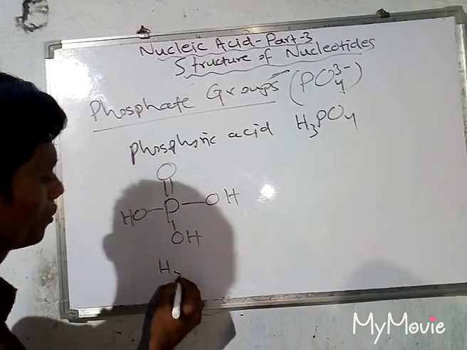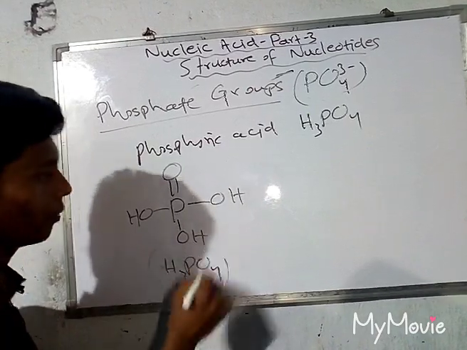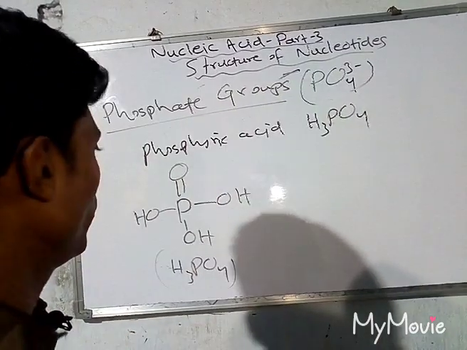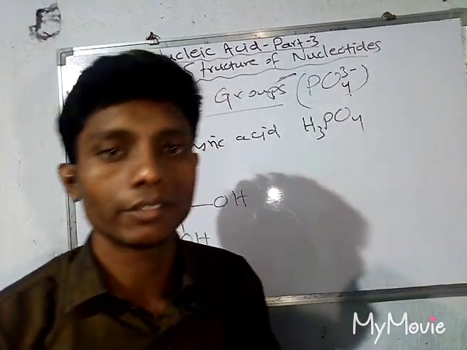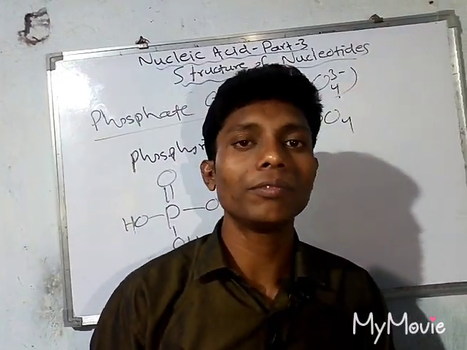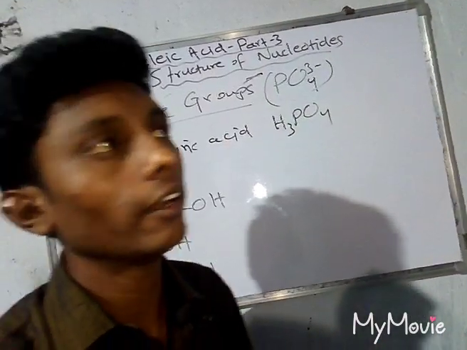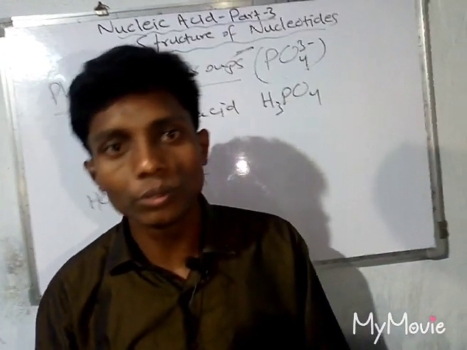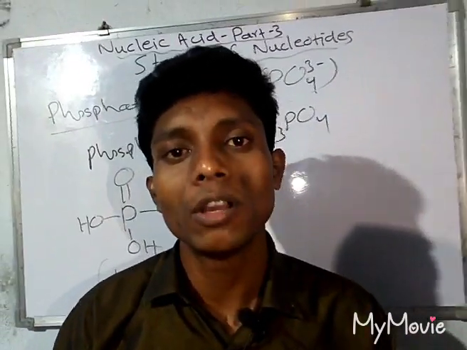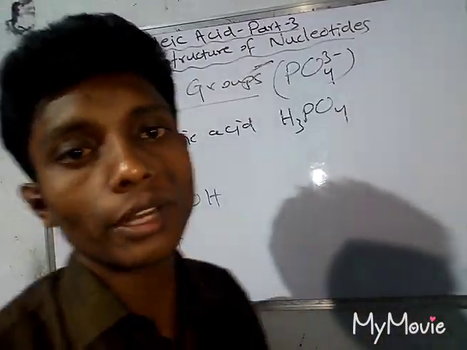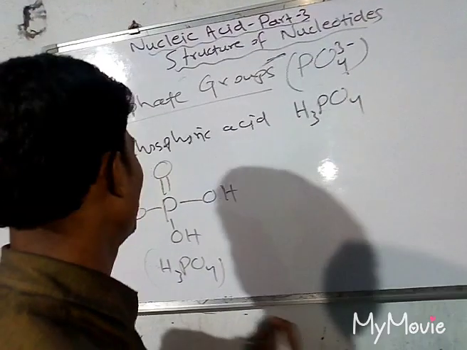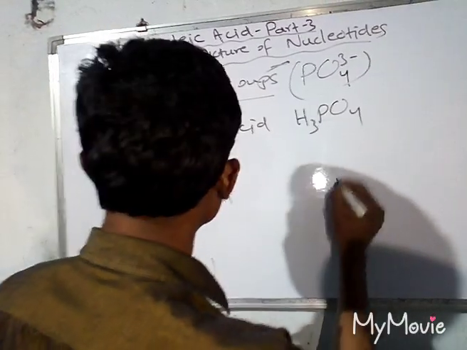This is phosphoric acid H3PO4. Whenever it is present in nucleic acid, it is present in the form of phosphate group. Here the phosphate group is formed due to the removal of 3 hydrogen atoms from the phosphoric acid.